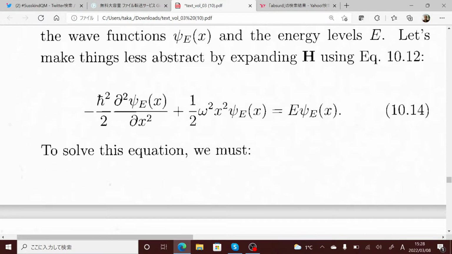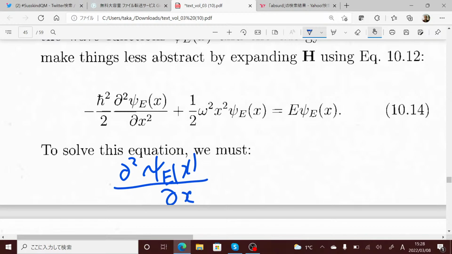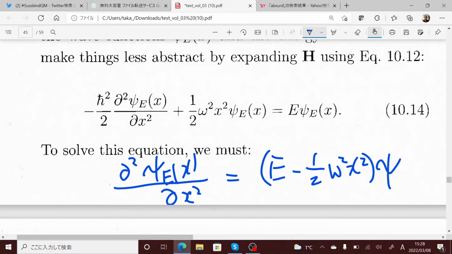We can rewrite this as partial squared psi of x divided by partial x squared equals E minus 1/2 omega squared x squared, times psi of x.